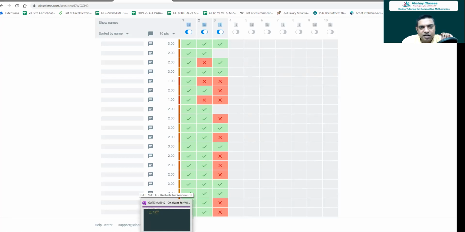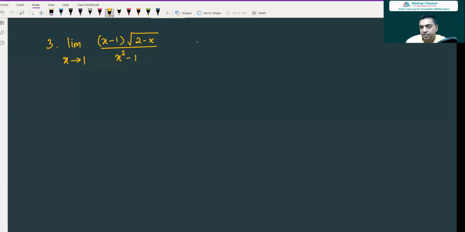So now let's look at this question. Here, the first factor in the numerator, as x approaches 1, x minus 1 will approach 0. Multiplied by the second factor, the square root of 2 minus x.